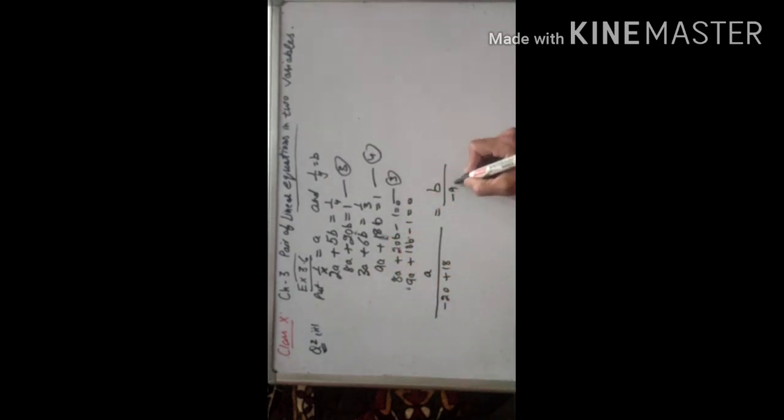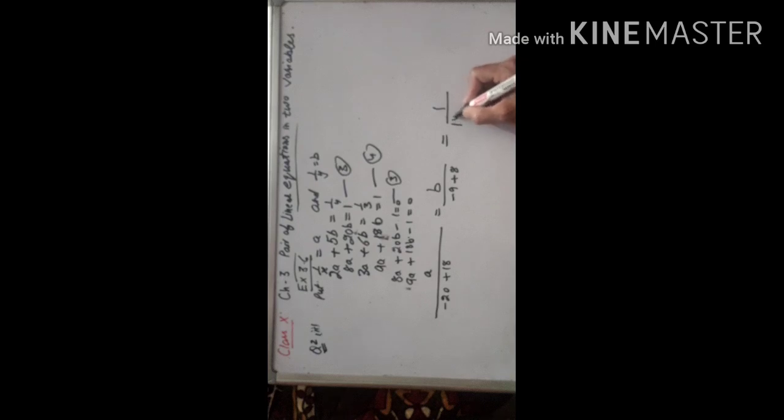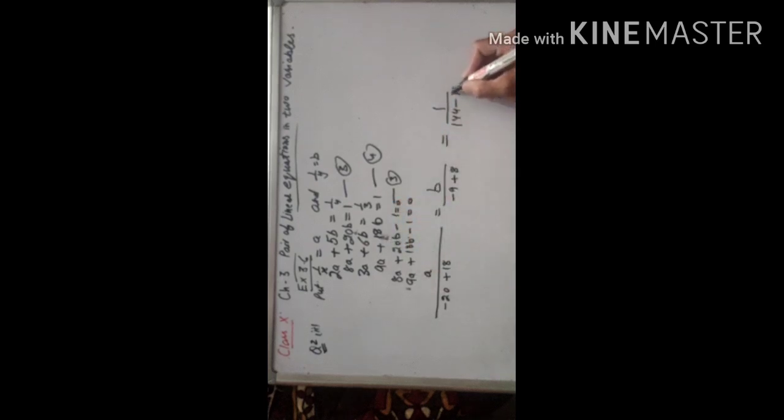Minus 9 plus 8 is equal to the constant term 1, that is 18 into 8 is 144, minus 20 into 9 is 180. Now a upon minus 2 is equal to b upon minus 1 is equal to 1 upon minus 36. Comparing these, a is equal to 1 by 18, b is equal to 1 by 36.